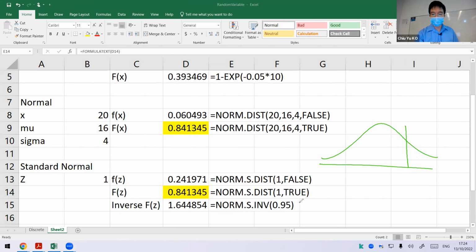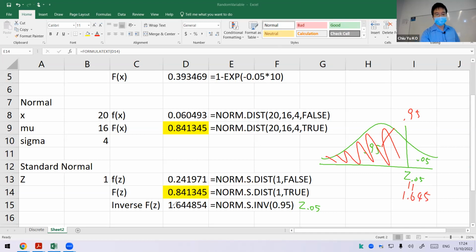This is Z alpha, Z.05. The reason is because this area is 0.95 and this tail is 0.05, right? This is Z.05. Okay. And this guy we have shown is 1.65.